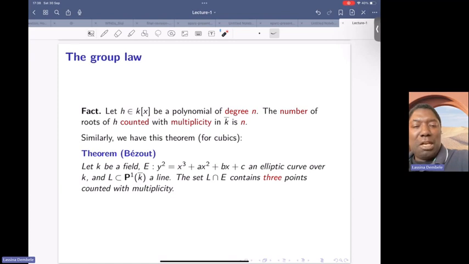And there is a kind of geometric analog of this notion, which is known as the Bezout theorem. In its simplest form, it says the following for our cubic curve.